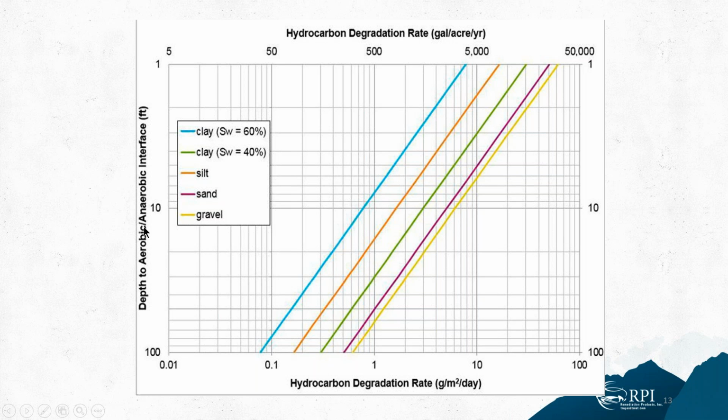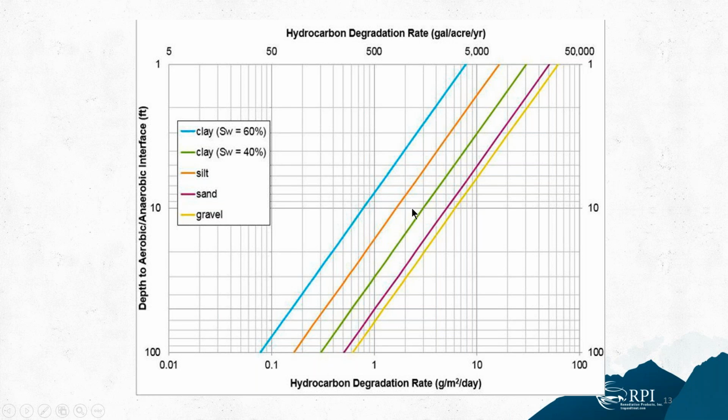So when you look at this interface, how many hydrocarbon impacted sites have we looked at where we really see the interface somewhere down around 10 feet, well, certainly between 10 and 20 feet. And we have soils that fall in this area here. So really, most of the sites that we look at probably fall into this central area.